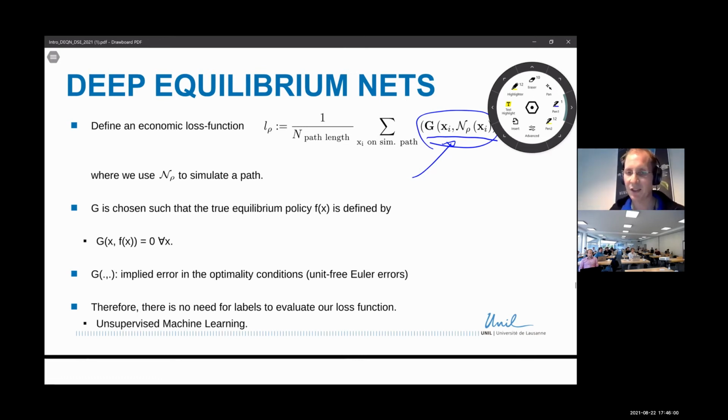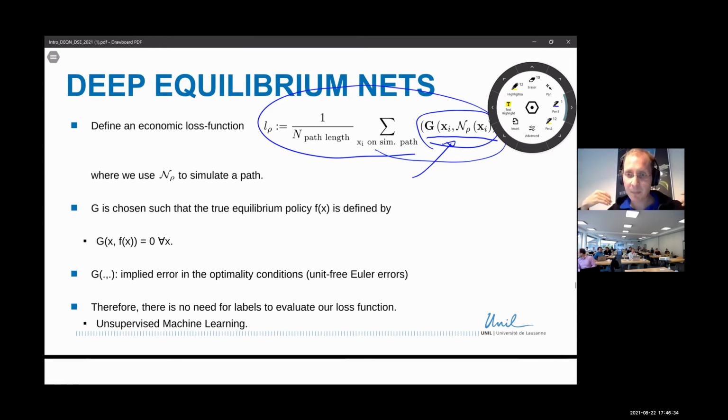That's the cool thing actually, because I have the dynamics of my model, right? So I have a completely bad policy, sorry for the wording. Then I simulate my model forward, say for 10,000 steps, with this bad policy. This loss function will be gigantic, but we know by construction it needs to be 0.